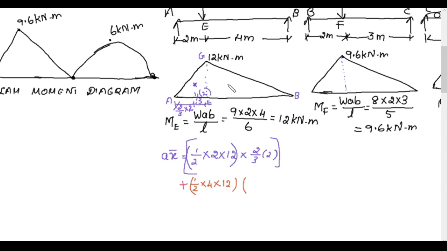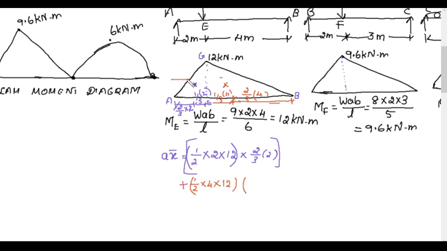The centroid will lie here. This distance will be equal to 2 by 3 of 4, and this distance will be equal to 1 by 3 of 4. So from A we have to calculate the distance.